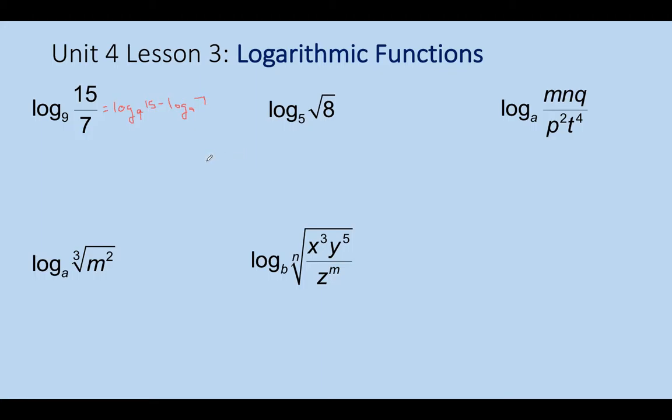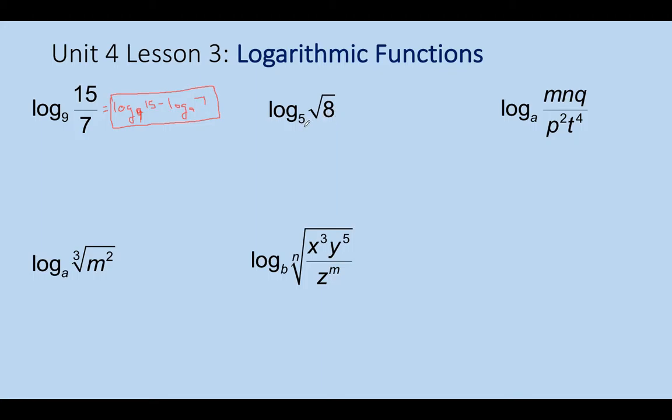And there's not a whole lot we can do here to simplify. Most of your calculators would require the change of base, which we'll learn next lesson. So that's simplified enough for today's lesson anyway.